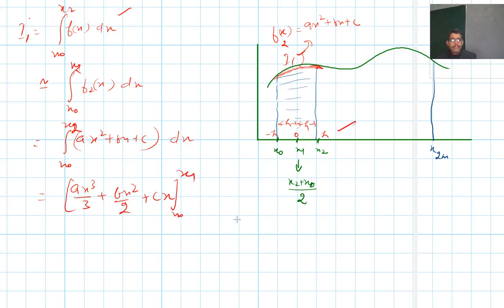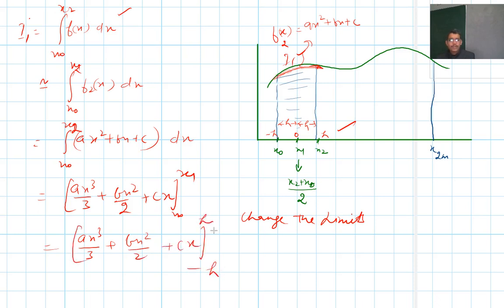evaluated from x0 to x2. Keeping this in mind, let us change the limits. So rather than using x0, x1 and x2, we can use minus h to plus h, right? So if I put these limits, it will become ax cubed by 3 plus bx square by 2 plus cx, from minus h to plus h.